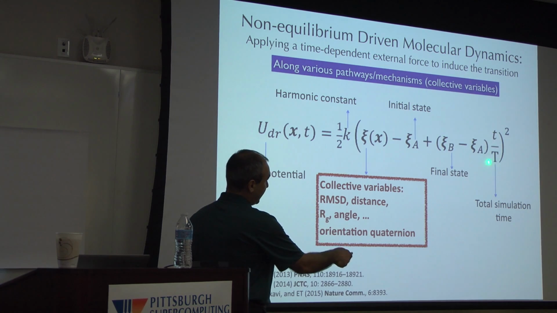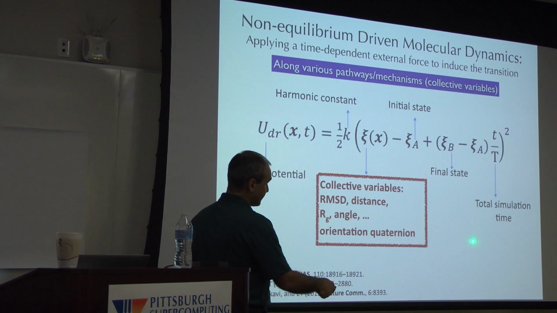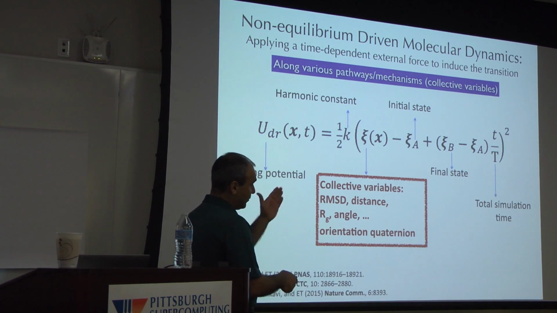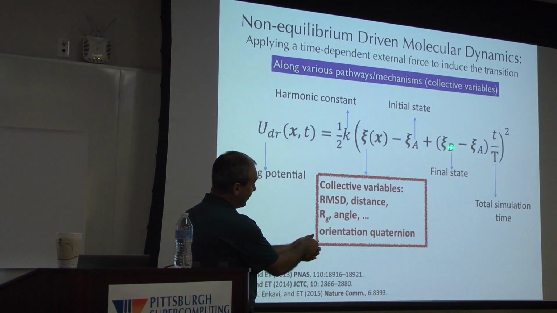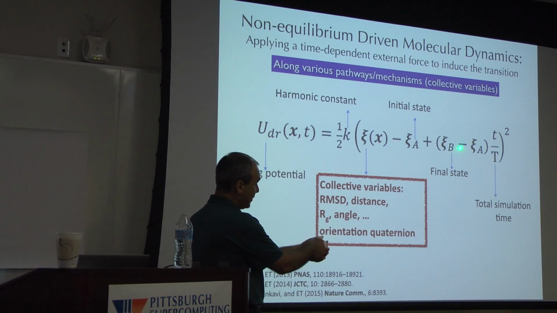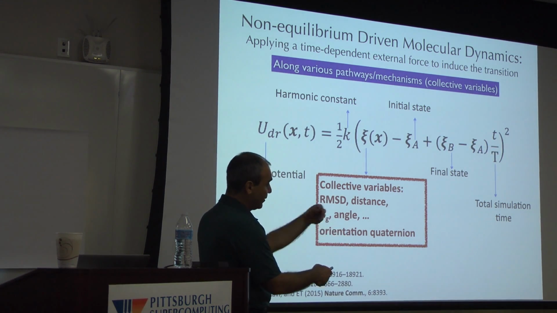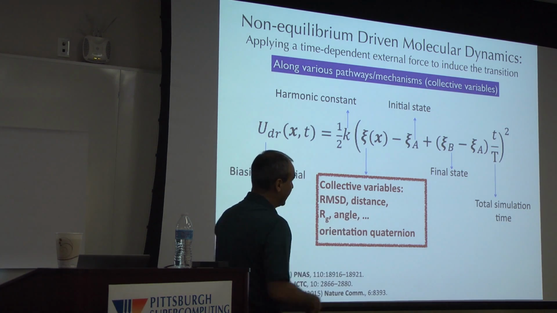And then in a time-dependent manner, this is the total simulation time that you can afford, and this is every time step of your simulation. So you go from an initial state to a final state. That's how much displacement change you want to have in a particular time, divided by t. That gives you in every step how much closer you want to get.